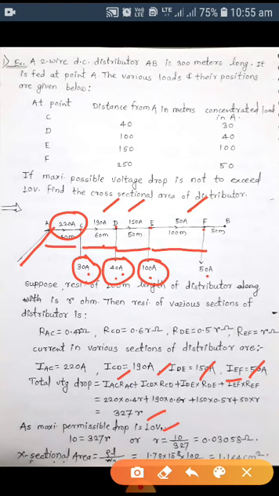Therefore length of distributor multiplied by 100 divided by R by 2, we will get the cross sectional area as 1.164 centimeter square. In this way we can solve the example on distributor fed at one end having concentrated loading. Hope all of you understood this. Thank you.